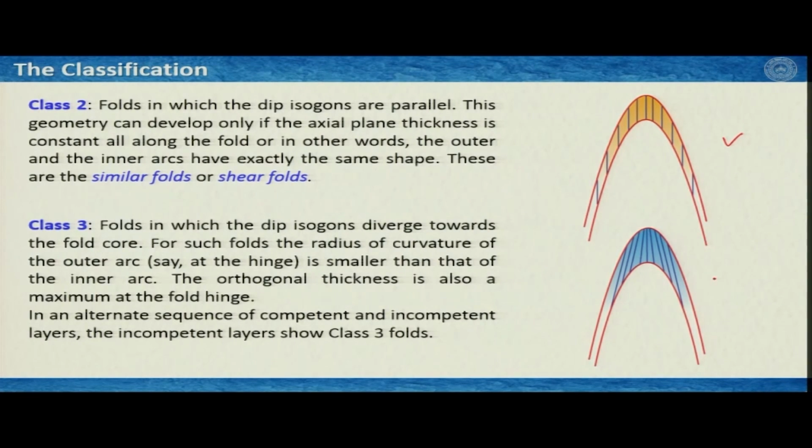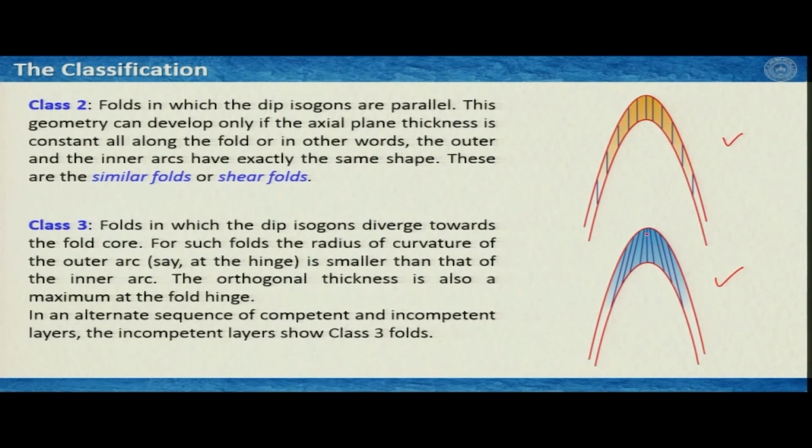Class 3 folds, as given here, are the folds in which the dip isogons diverge away from the fold core. In other words, for such folds the radius of curvature of the outer arc, say at the hinge, is smaller than that of the inner arc. So, the orthogonal thickness is also maximum at the hinge point.